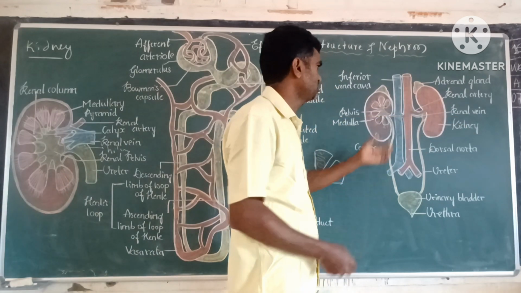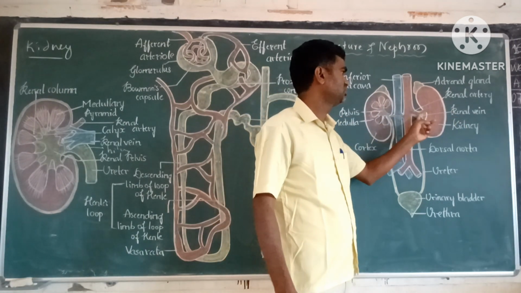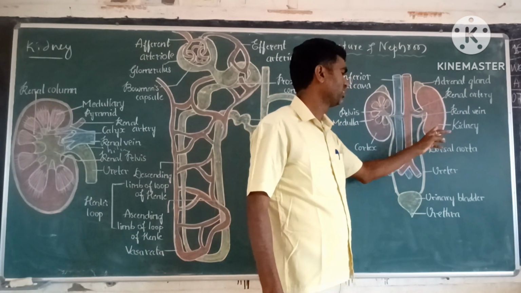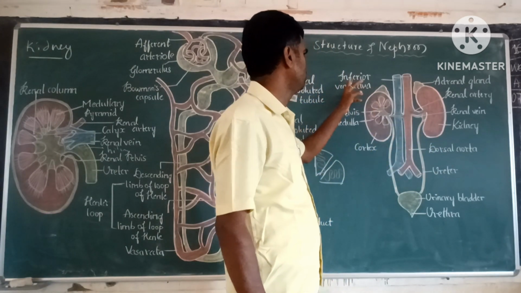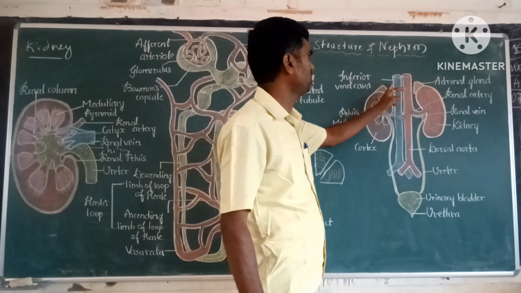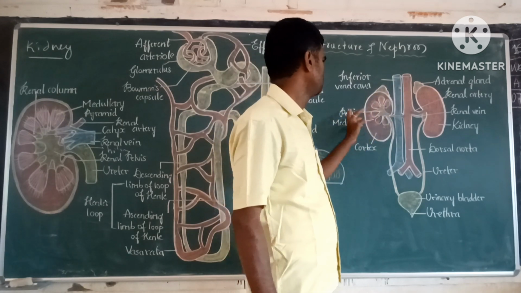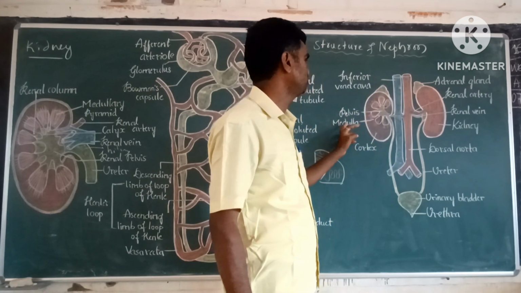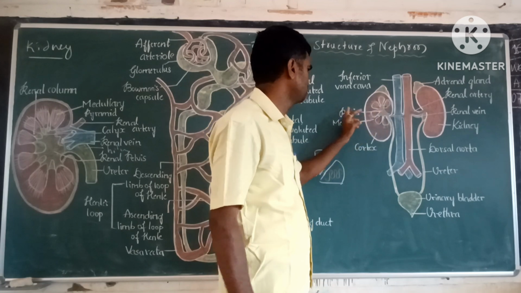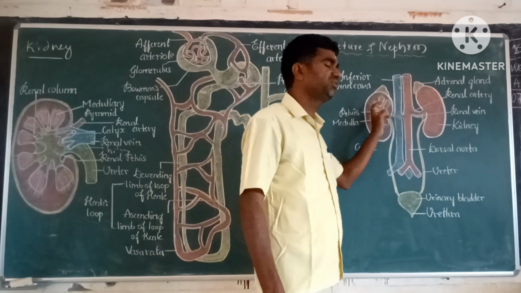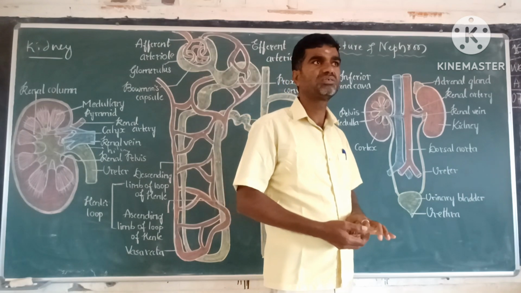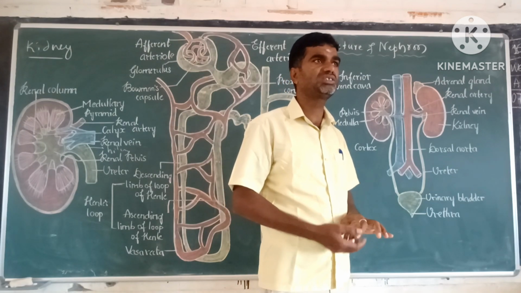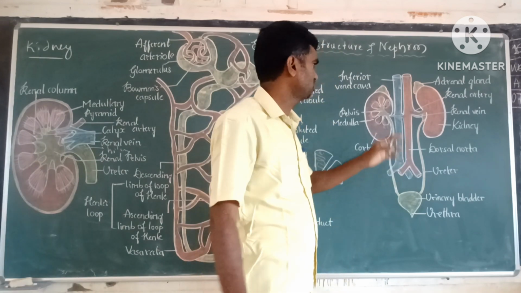Here in the kidney, these are the renal veins and the renal arteries. Next is the inferior vena cava. This is called the pelvis. Renal pyramids are present in between. The columns of Bertini are the projections, conical or cone-like structures.